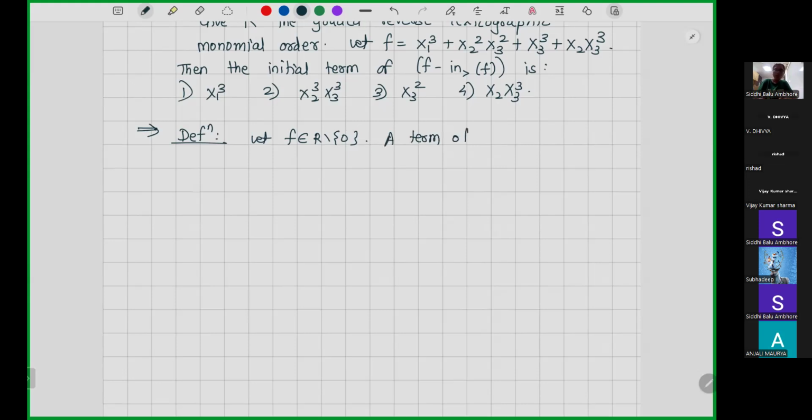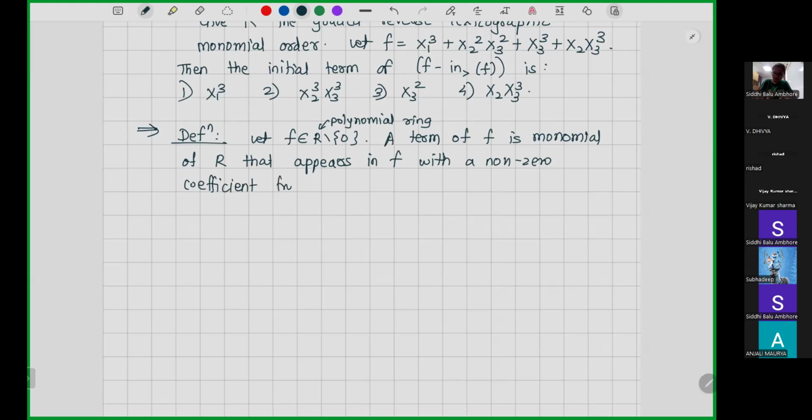A term of f is a monomial of R, R being a polynomial ring, that appears in f with a non-zero coefficient from K. This means R is a polynomial ring with coefficients from a field K, or K could be a commutative ring with multiplicative identity, or unity.